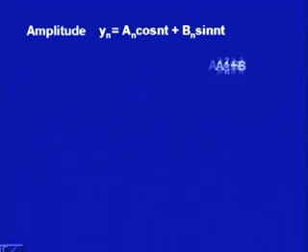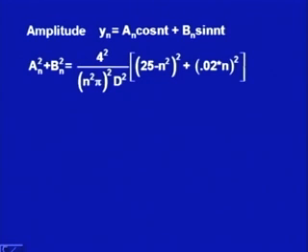So, we will get the amplitude for yn, that is the solution for this modified differential equation, where yn is a_n cos nt plus b_n sin nt. The amplitude for this would be a_n square plus b_n square.